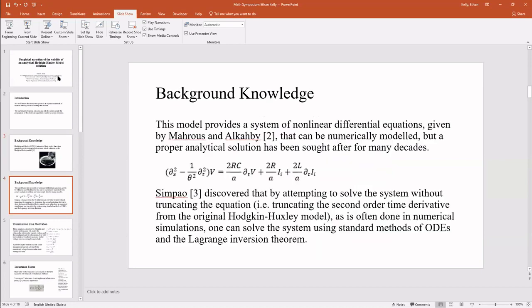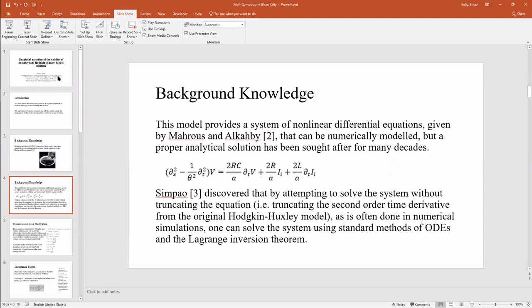A bit more background knowledge. For many years, people have tried to solve these equations. They're a bit finicky. Numerically, trying to solve them produces explosions in finite time, which is never preferable. Analytically, people just didn't really know how to find a solution or where to start.